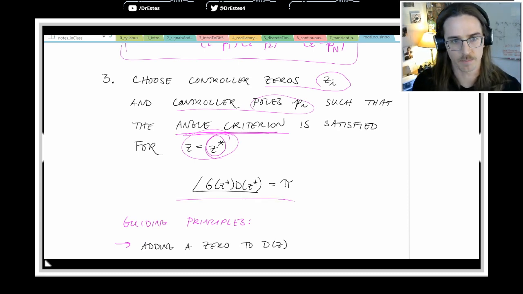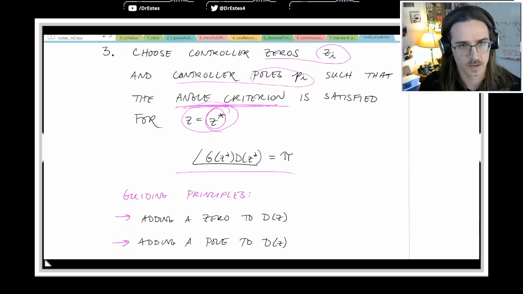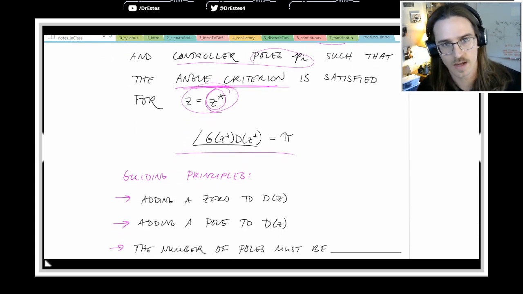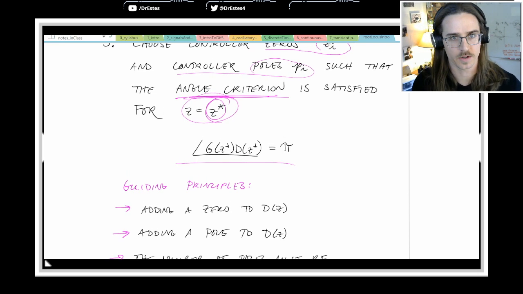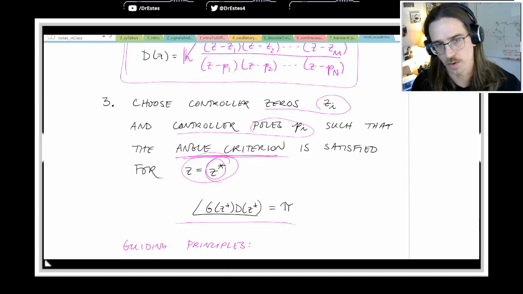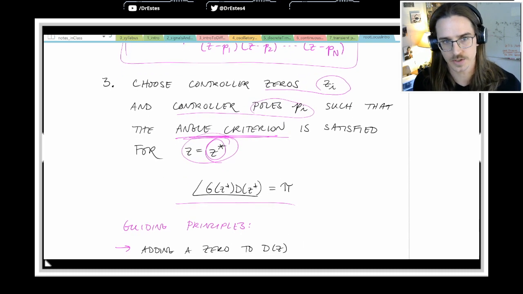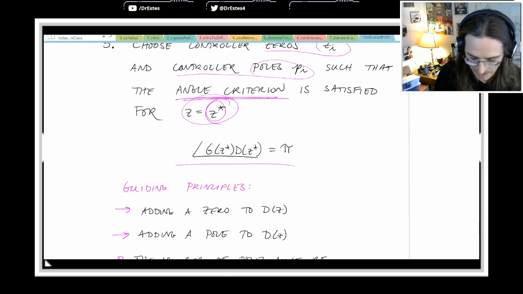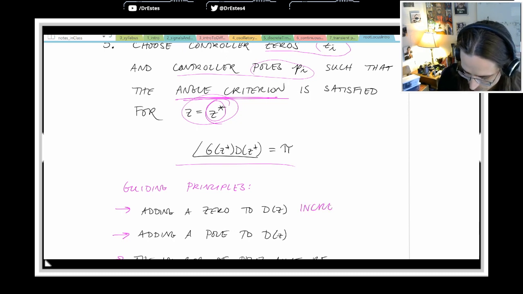Here are going to be our guiding principles. If you add a zero to D of Z, like I said, you're going to decide how many zeros you have in the numerator and how many poles you have in the denominator. What do those actually do? Adding a zero increases this phase.